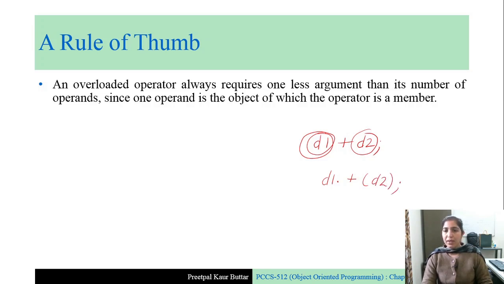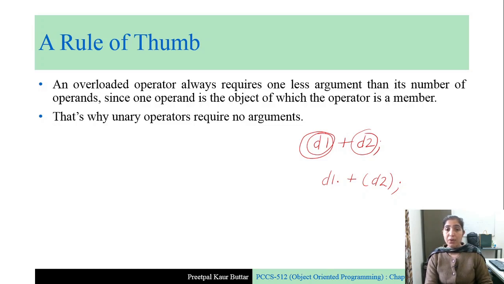Therefore there is always one less argument than the number of operands. And that is why unary operators require no arguments, because there we write plus plus c1, and when we overload it, it was just void operator plus plus, and there was no argument here.